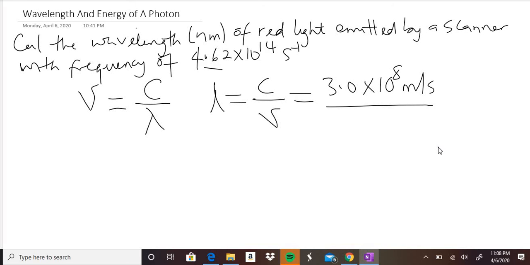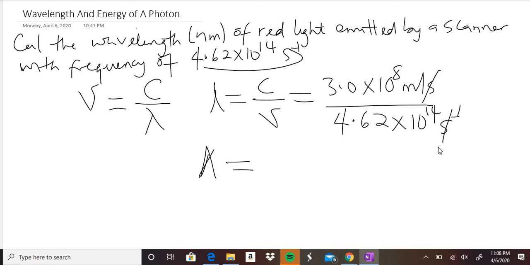And the frequency is given, which is 4.62 times 10 to the power 14 per second. Right, so if you plug this into our calculator, we have our wavelength to be 6.49 times 10 to the -7 meter.